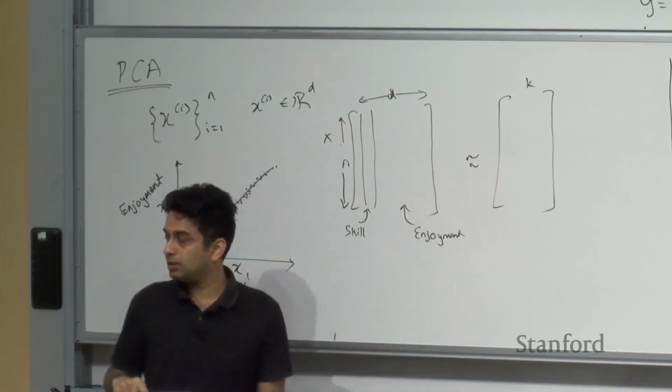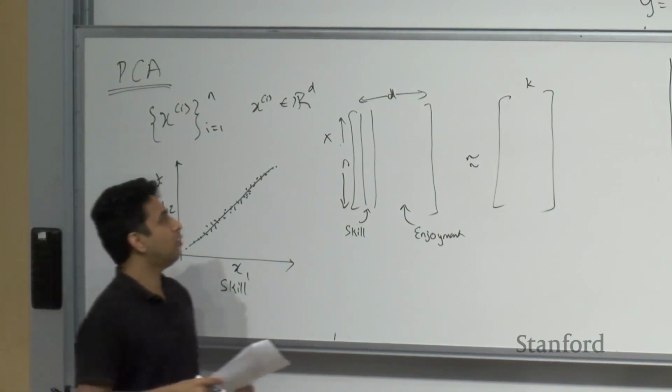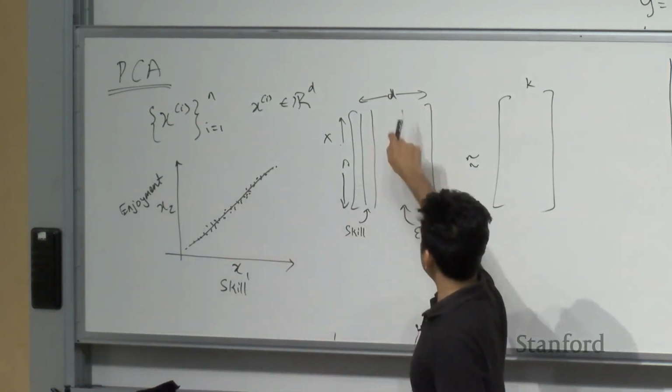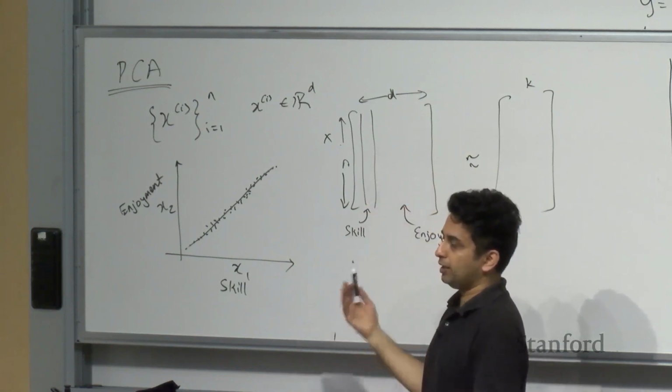Yes, question? How is this not a supervised setting? Because you can select one of those to be acting as y and then try to find the best parameters. Yeah. So the question is, why isn't this supervised learning, where you can take one of them to be y and regress it from the others.